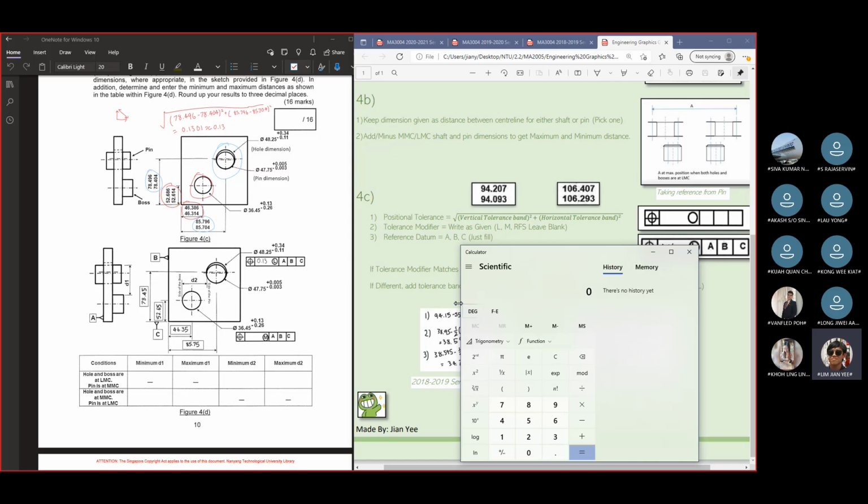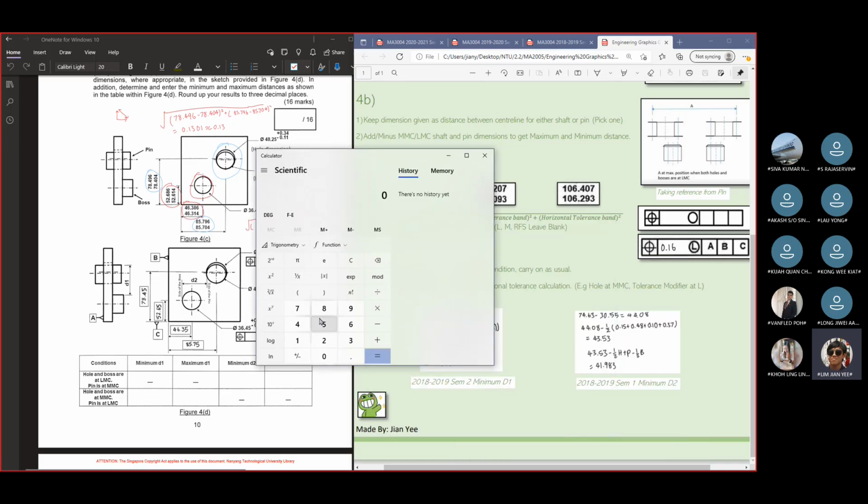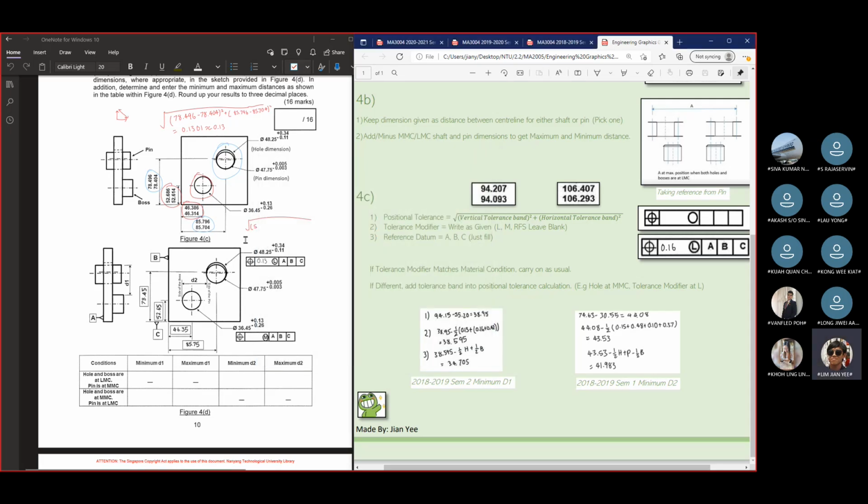The whole thing will be the square root of, actually never mind, I'll just write it down. 52.686 minus 52.614, squared, plus 46.386 minus 46.314, squared. And you get your other positional tolerance.